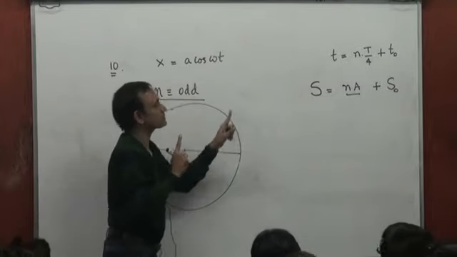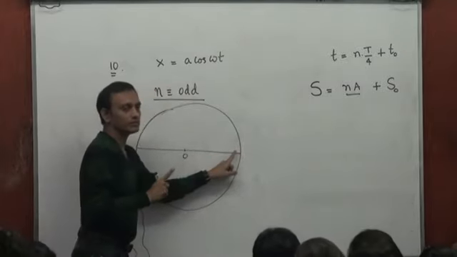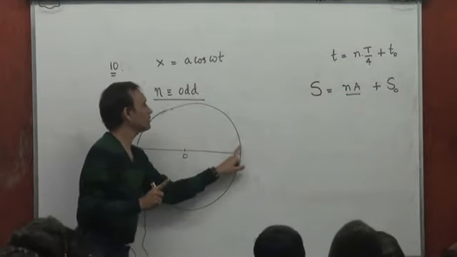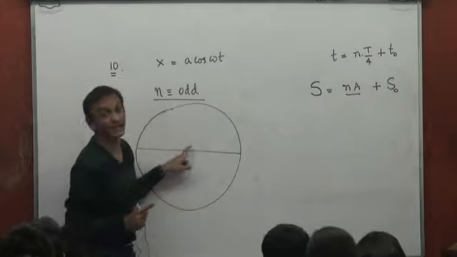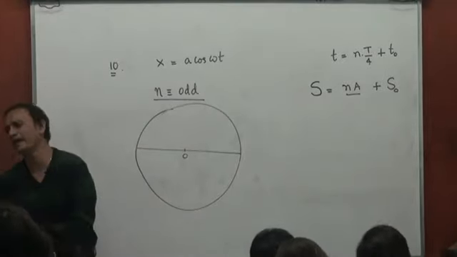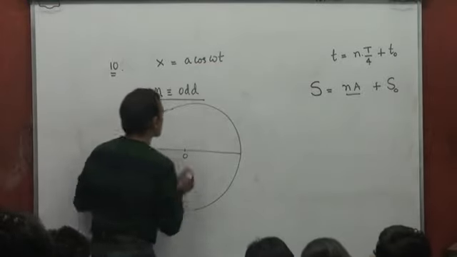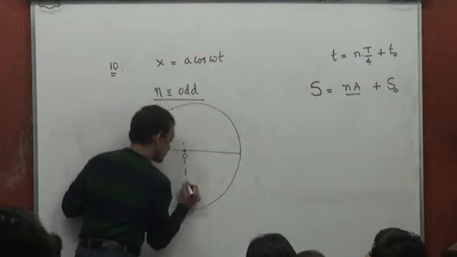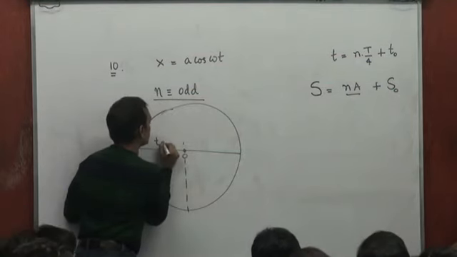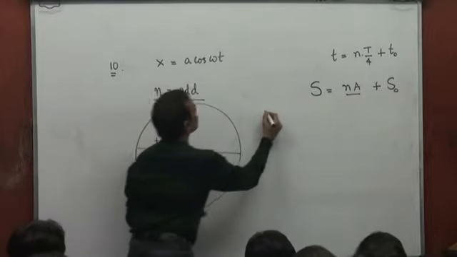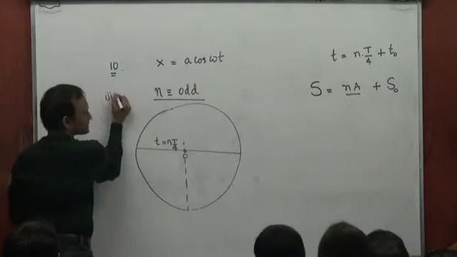N is odd means it starts from here: 1 time, 2, 3, 4, 5, 6. That means it has to be at the mean position. It could either be heading rightwards or leftwards, does not matter. So let's say at time t equal to nt by 4, when n is odd, it's at the mean position.